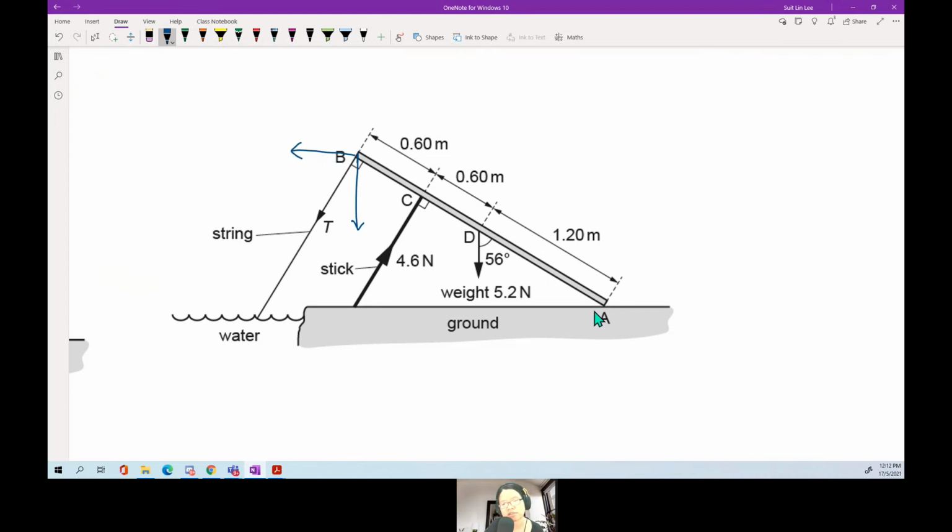We see if this is 56, then this is 34. My math's correct? Yeah, 34. So if I resolve T like this, it is 56, right? So this is 34.